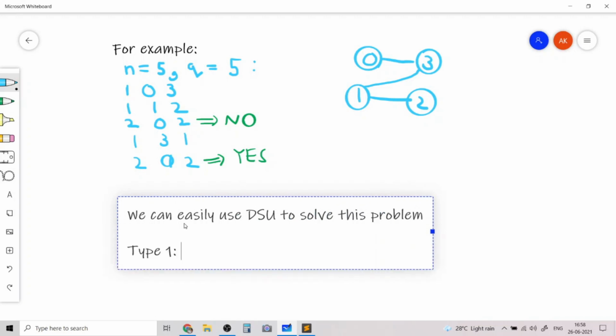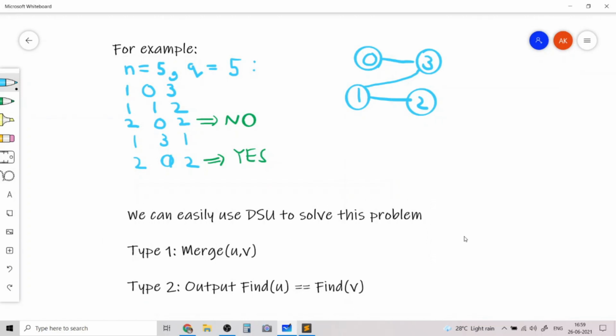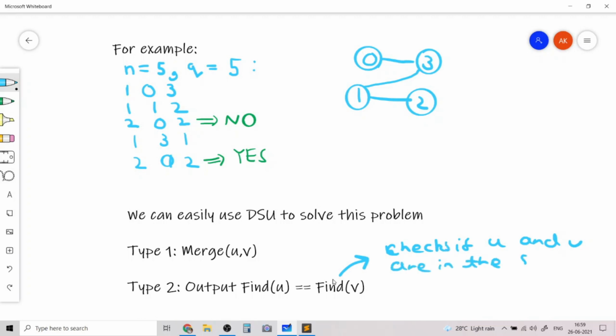For every type 1 query, merge U and V, and for every type 2 query, just output if find of U equals find of V. That basically will tell us that U and V are in the same connected component, and that's exactly what we need to do.